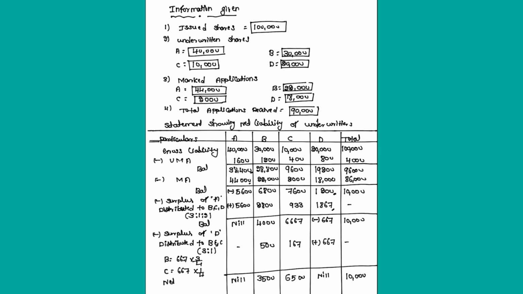This will be the net liability of each underwriter. So underwriter A got nil, there is no net liability. Underwriter B 3,500. Underwriter C 6,500. Underwriter D nil. So total net liability 10,000.